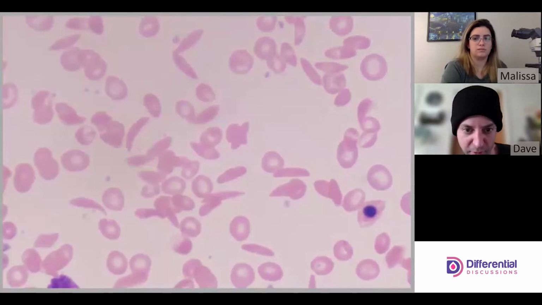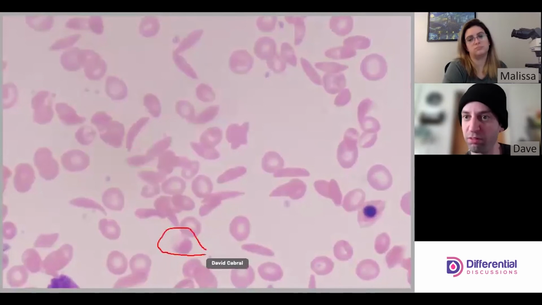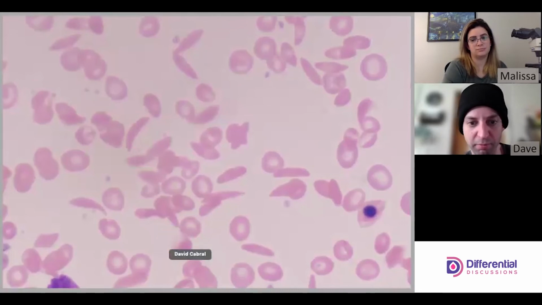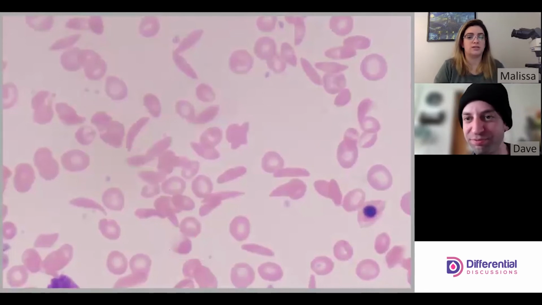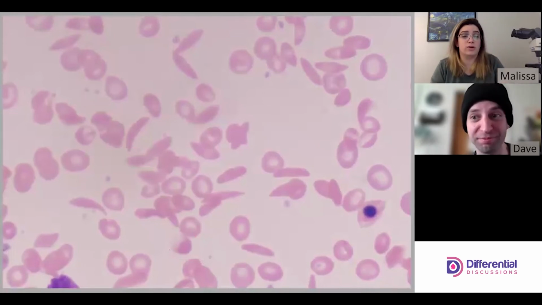We even have some weird pockets of hemoglobin. Looks like there's an area that's kind of devoid of hemoglobin there. So that's what I'm saying. That cell you pointed out looks almost like an SC crystal. Yes.